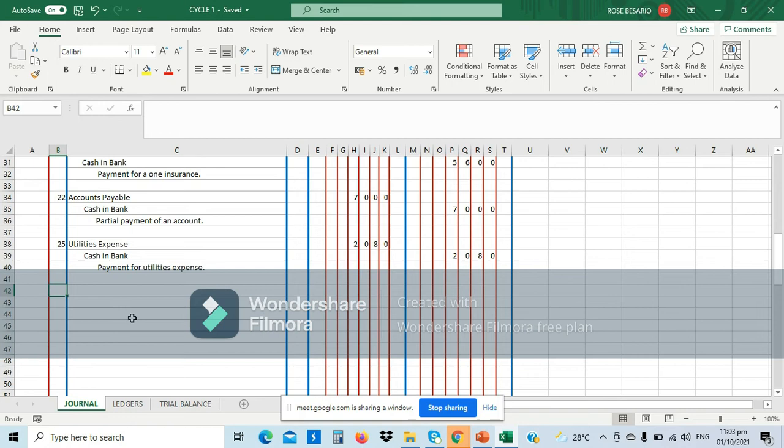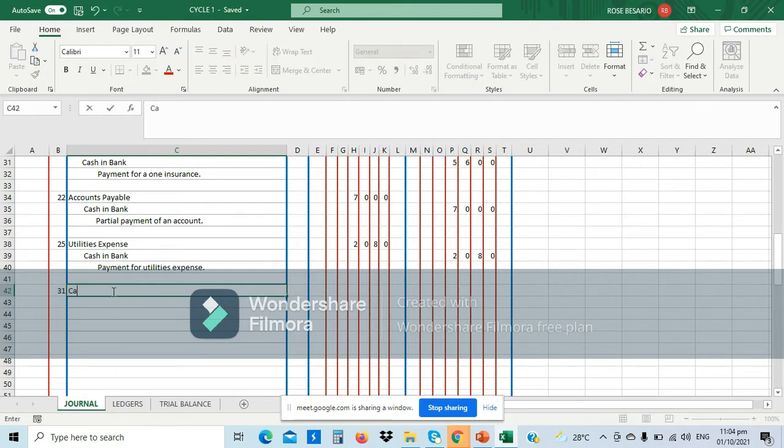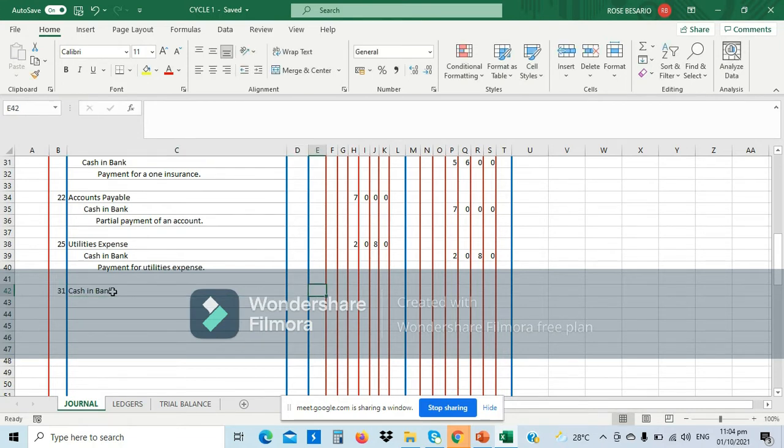Let's proceed to May 31. So end of the month. First transaction is revenues earned on cash basis for the second half of the month, 12,350. So this is cash in bank 12,350.